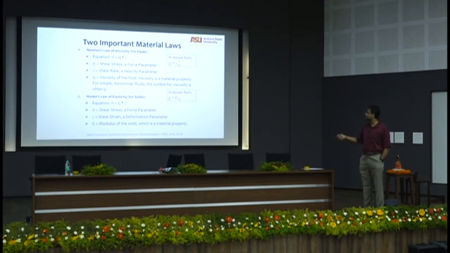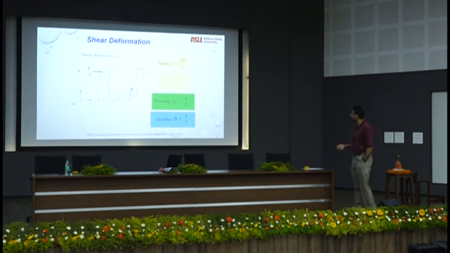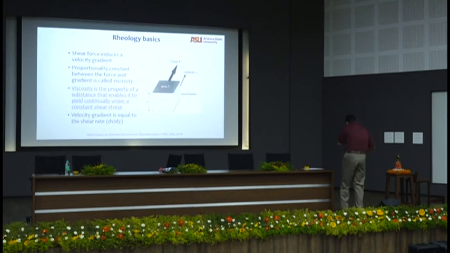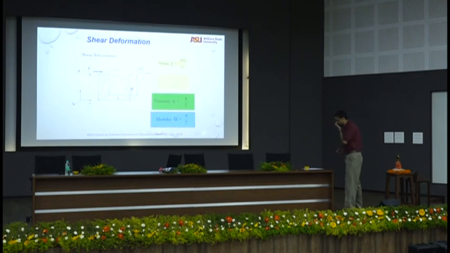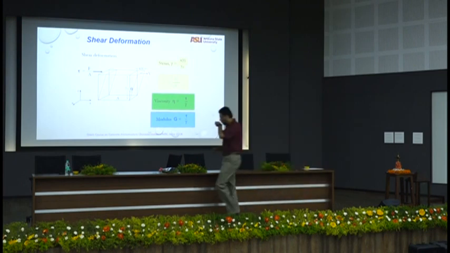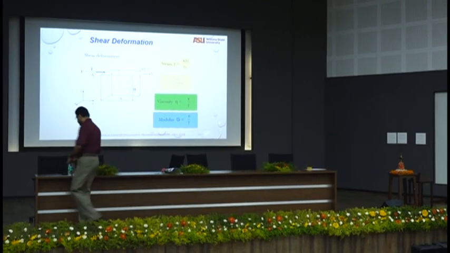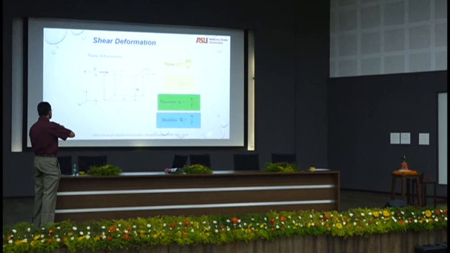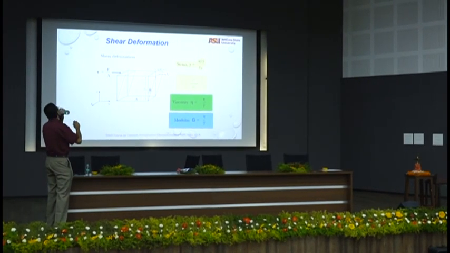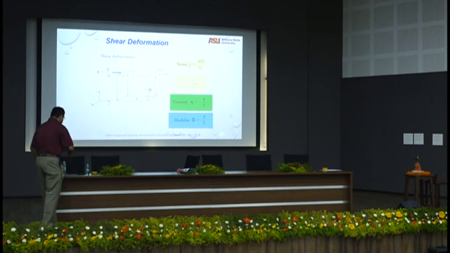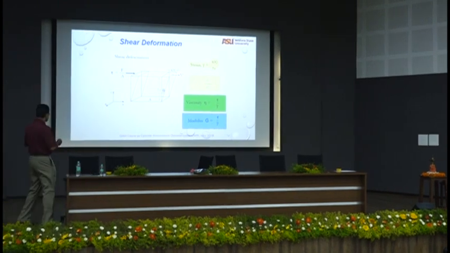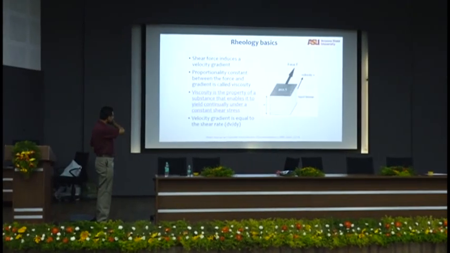It's just a rate of change of strain. So gamma dot is a shear rate, eta is a viscosity. Shear deformation, these pictures you've seen.